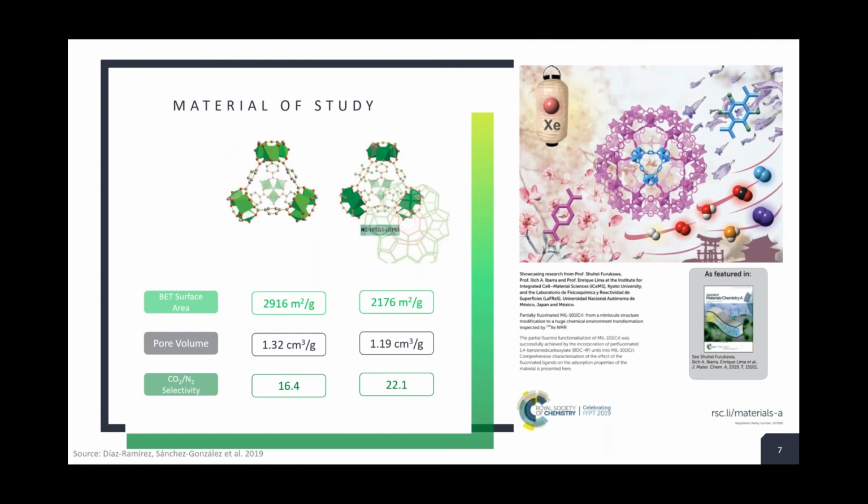So here we see the BET surface area, the pore volume, and the selectivity for both the pristine form and the fluorinated MIL-101. As you can see, the BET surface area and the pore volume were reduced by the incorporation of fluorine atoms. However, the CO2 selectivity increased.